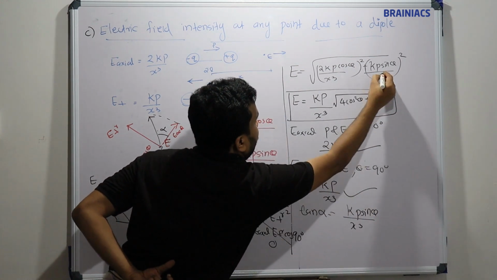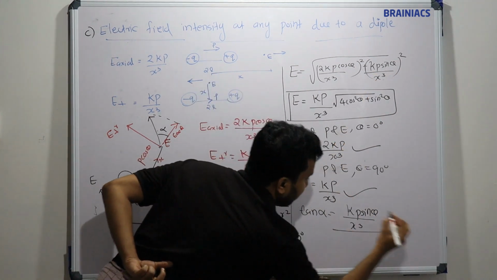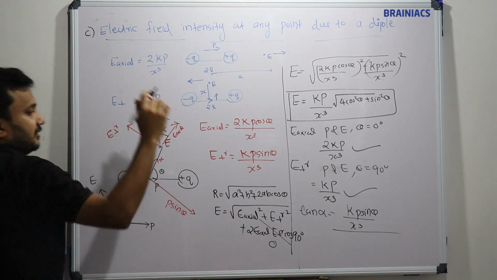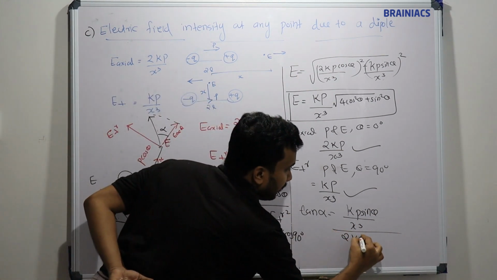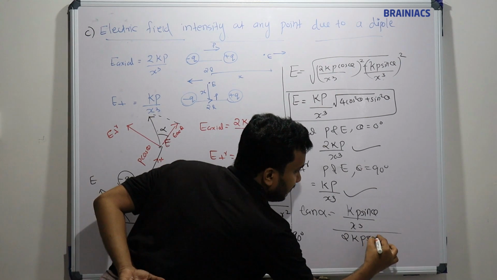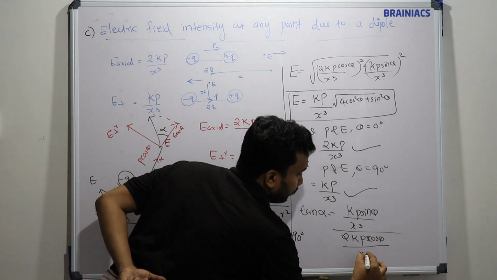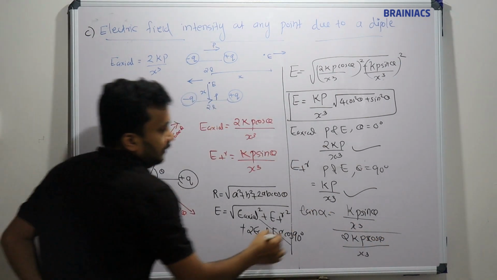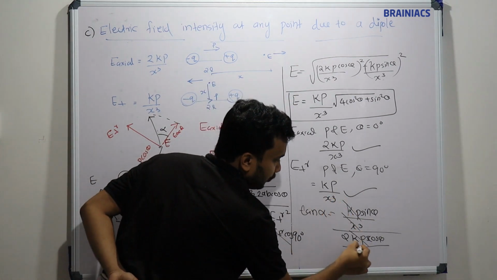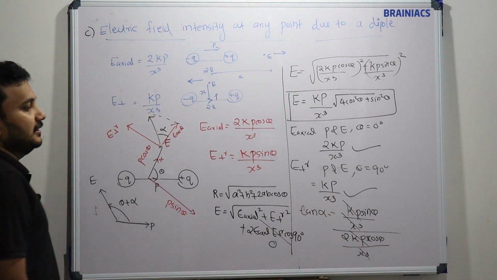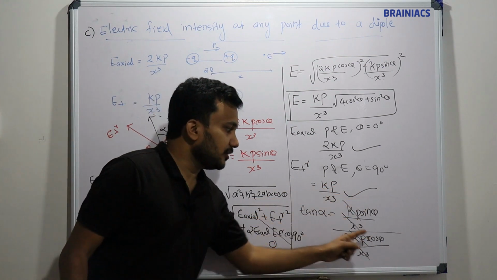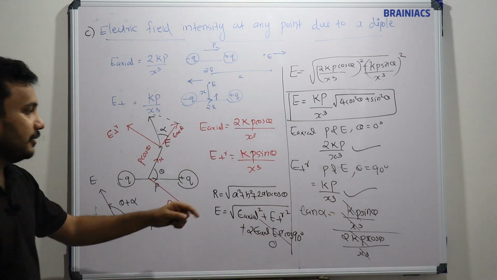Whole divided by perpendicular by axial. Axial means 2 kp cos theta divided by x cube. So kp by x cube, both numerator and denominator cancel. Sin theta by cos theta is tan theta, and then 1 by 2.